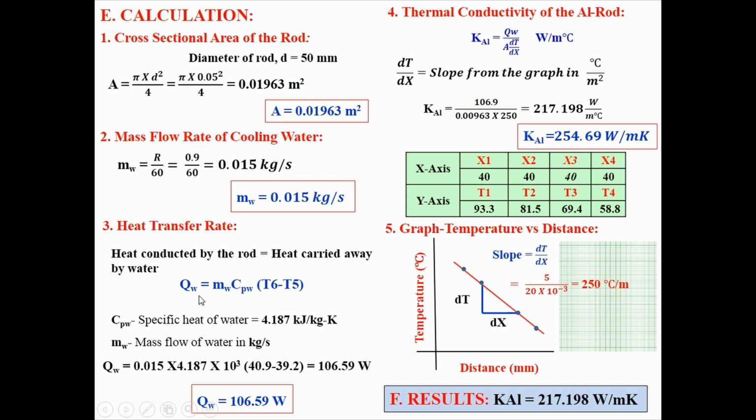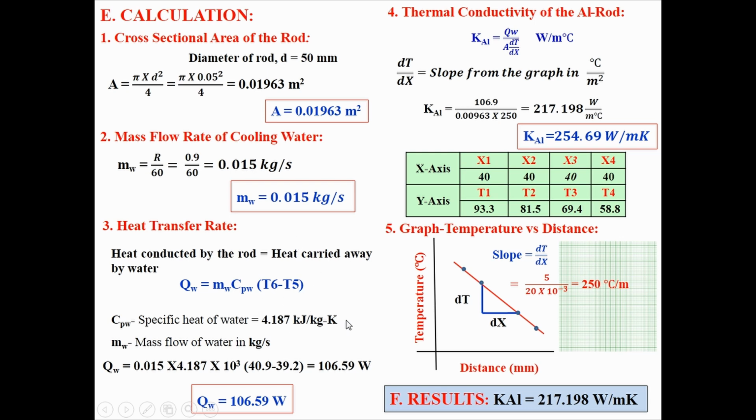The amount of heat carried by water can be calculated with this equation: Qw = mw Cpw (T6 - T5). Where mw is the mass flow rate, already calculated, fine. Cpw is the specific heat of water, a constant, that is 4.187 kJ/kg·K.